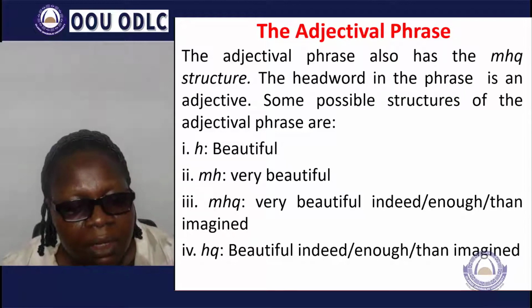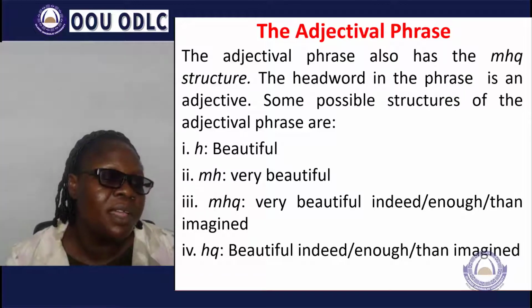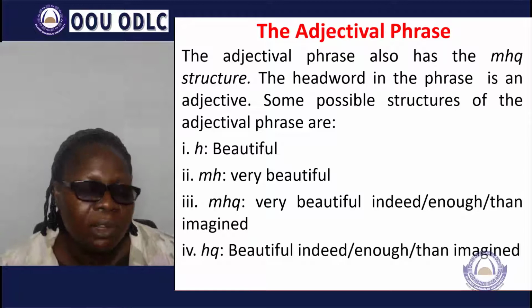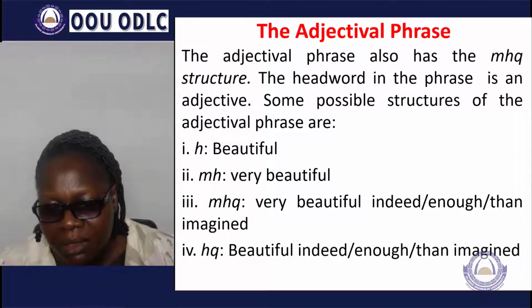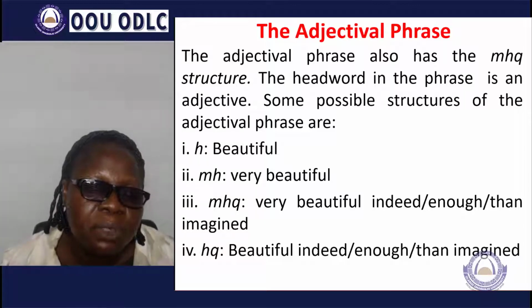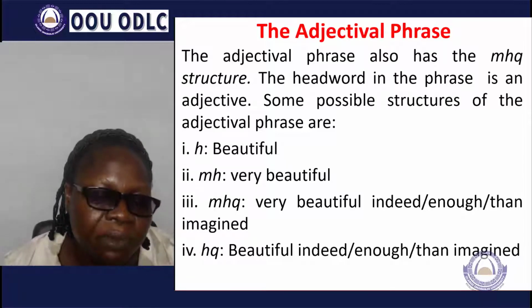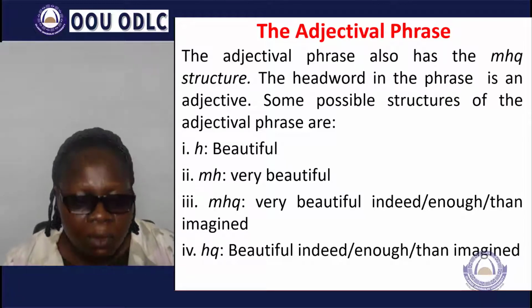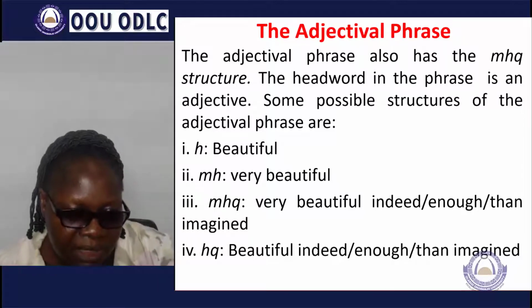Number three, there could be a structure of the adjectival phrase in which we have the modifier, the head word, and the qualifier. That is what you see in the sentence, she is very beautiful indeed. The focus here is on the adjectival phrase, very beautiful indeed.